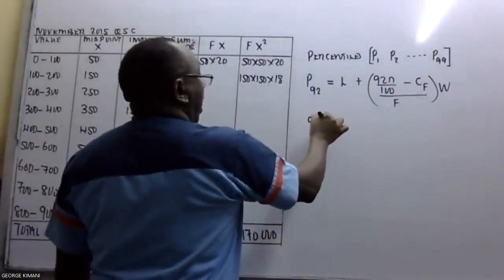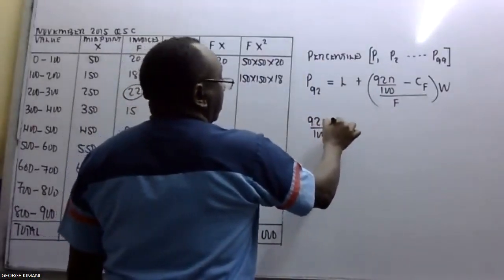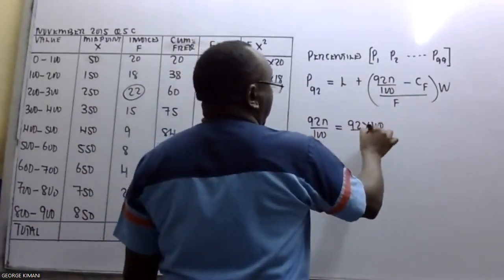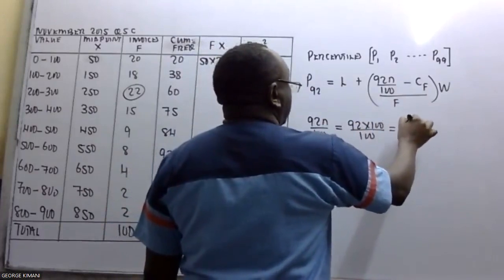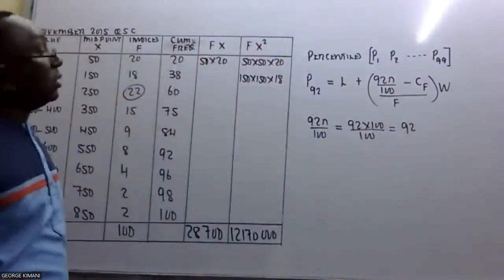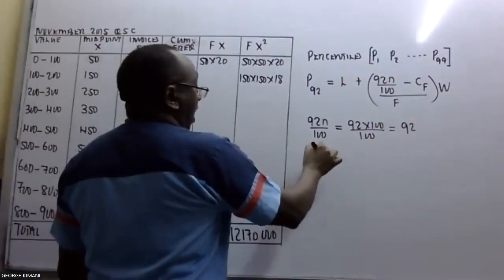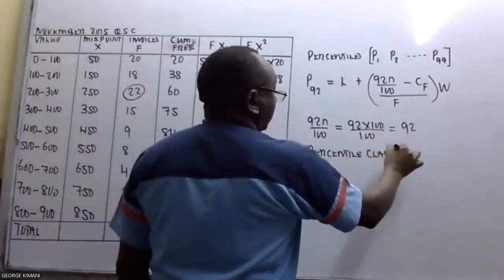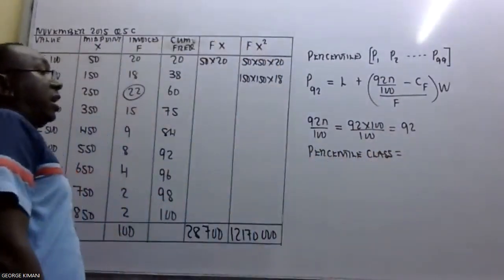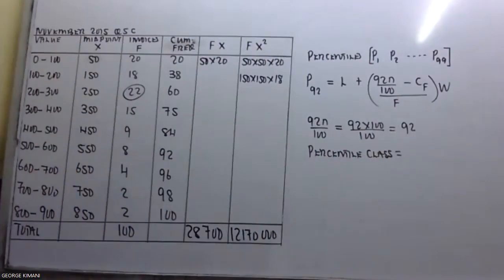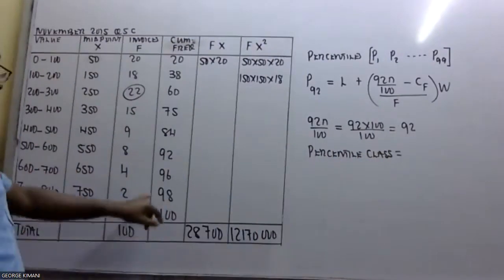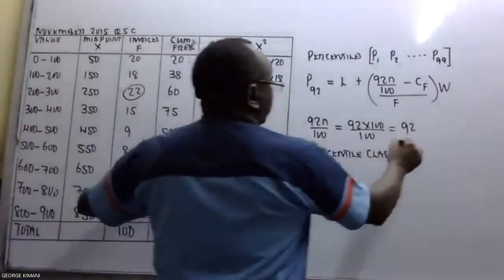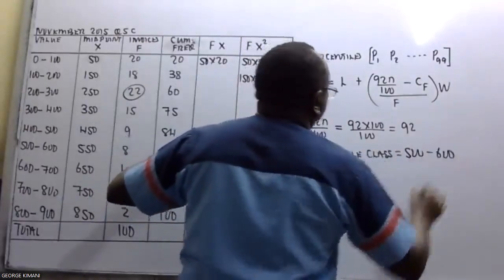So 92N out of 100 will be equal to 92 times 100 out of 100. That gives me 92. So my percentile class is what? It is the class where I have 92. 92 should be exactly here, 500 to 600.